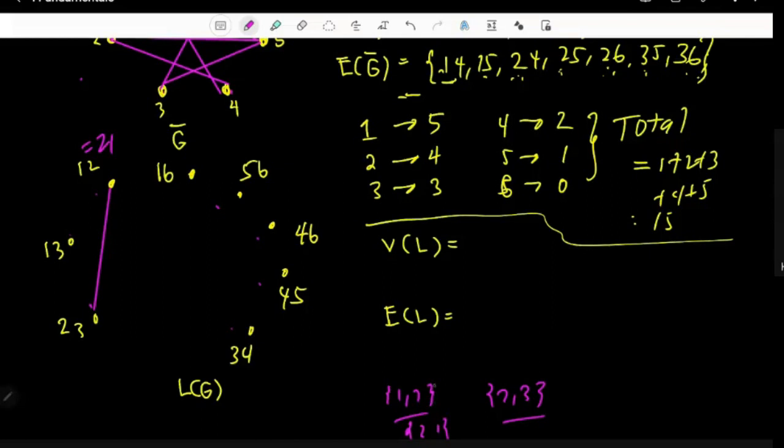So, kasi, pag may magkapareho kang number, that would mean as an edge, they are adjacent. Diba yun ang definition ng adjacent? Adjacent edges are edges with a common vertex. So, since these are vertices actually of the edge in G, then when you have a common vertex or when you have a common number, then that's adjacent edges, which in the line graph will be connected vertices. All right, so anong nakakonect sa 1, 2?